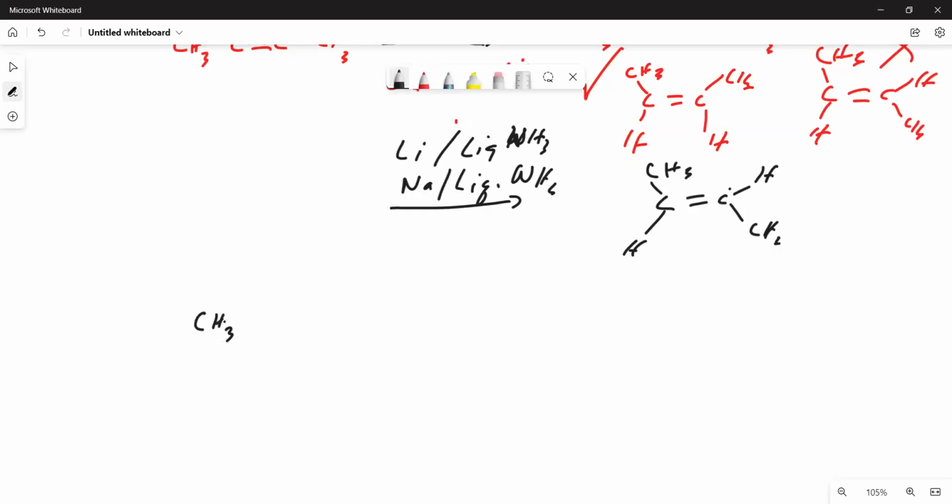Supposing this kind of alkene will be attacked by an electrophile, H+. Or this kind of alkene will be attacked by an electrophile.